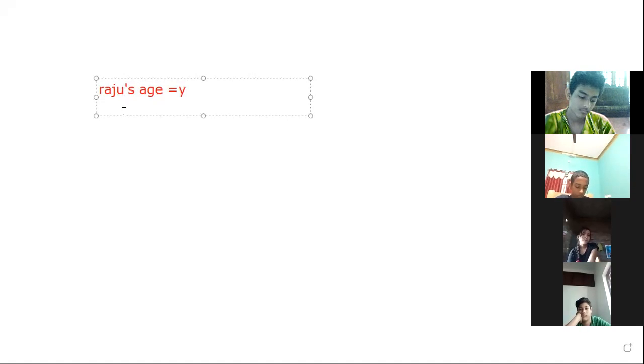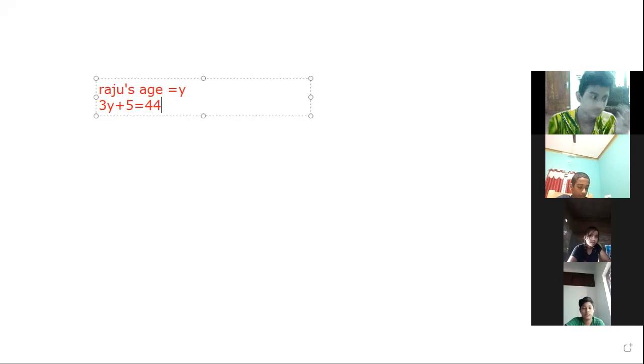And 5 years more than 3 times Raju's age: 3 times Raju's age is 3y, and more than 5 means plus 5. So it becomes 3y plus 5, which is equal to Raju's father's age. Raju's father's age is given as 44 years. Then what is the corresponding equation? 3y plus 5 is equal to 44.